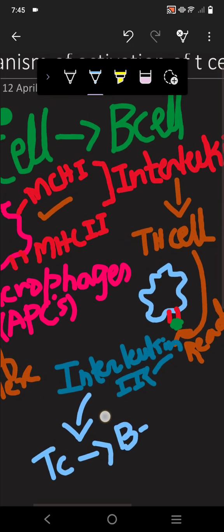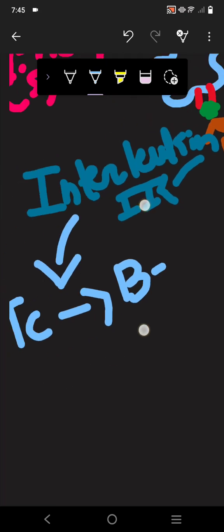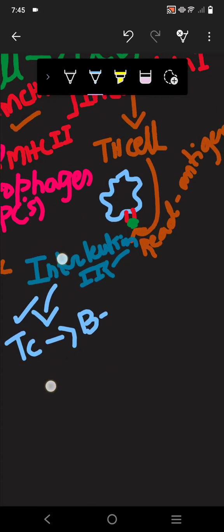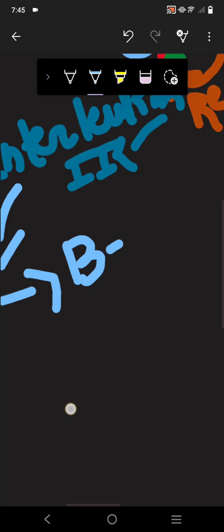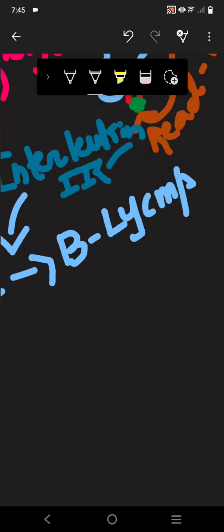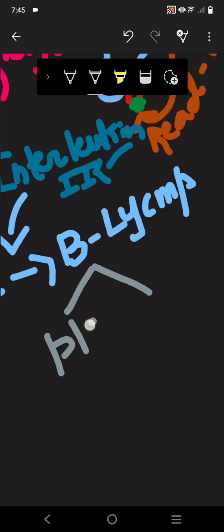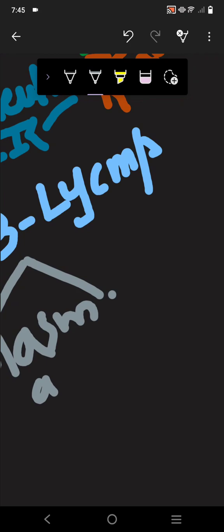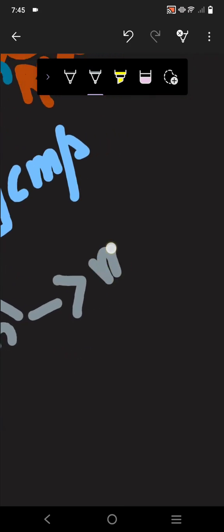As I told you, first the T cells will be activated, then B cells will be activated. So now the T cells, meaning T helper cells and cytotoxic cells, are activated, and now the B lymphocytes, the B cells, will be activated. The B cell is divided into plasma cells and memory cells.